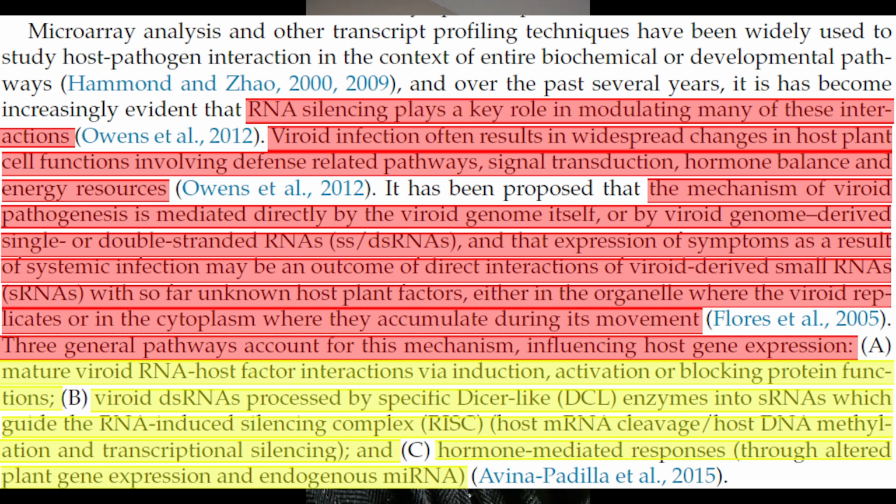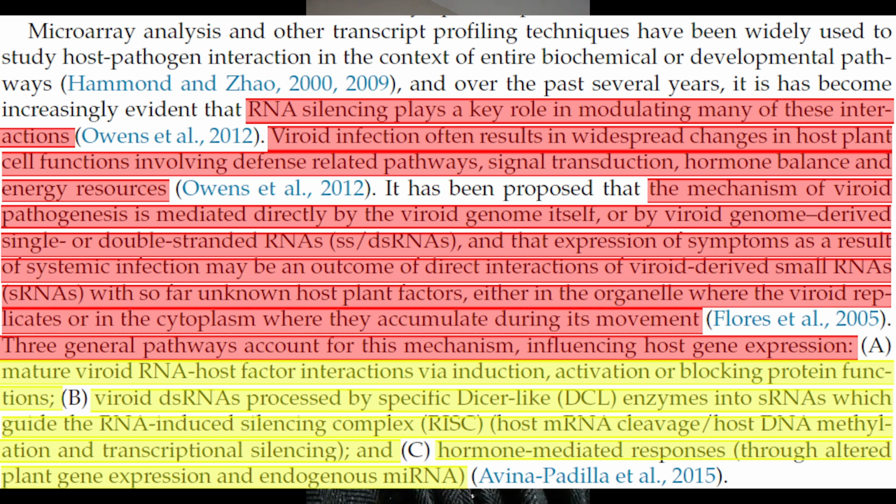So they are processed by specific dicer-like enzymes into small RNAs, like I was saying, fragments, which guide the RNA-induced silencing complex, or RISC, R-I-S-C, which performs host messenger RNA cleavage or host DNA methylation.